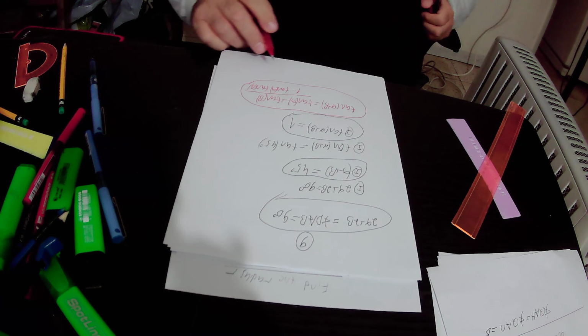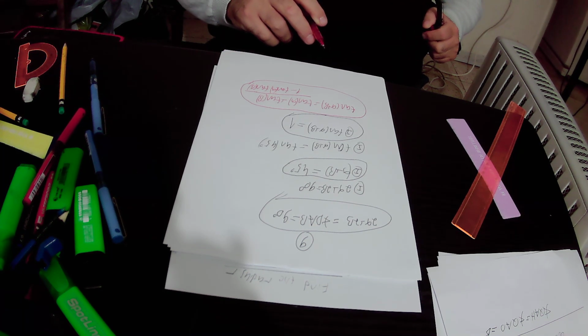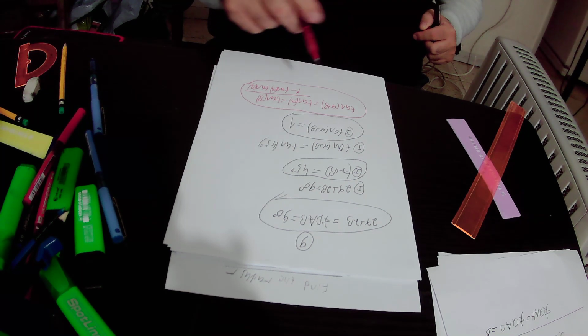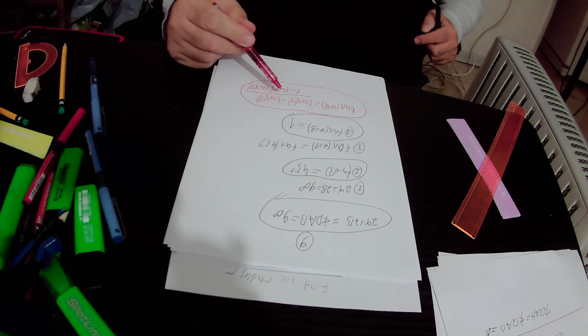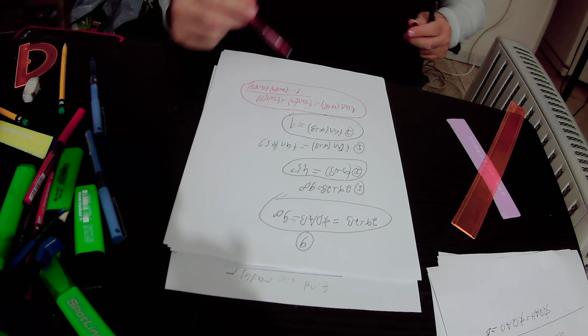So according to this trigonometric identity, we can substitute the value of tangent of alpha plus beta in equation number 1 by this expression. So we will do it now.